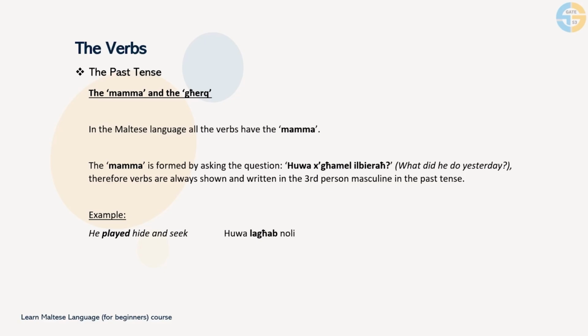So what is the mamma? The mamma is formed by asking the question, huwa x'għamel il-bieraħ? That means, what did he do yesterday? So for the mamma, we always ask that question.